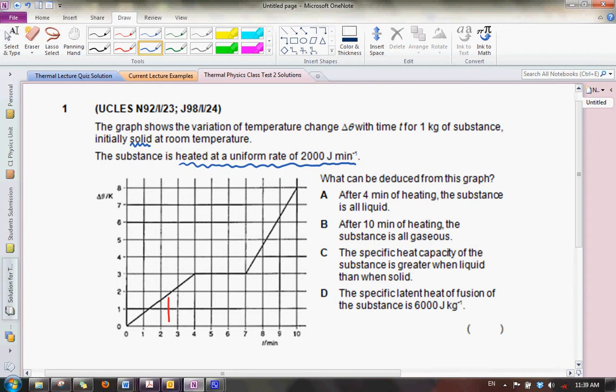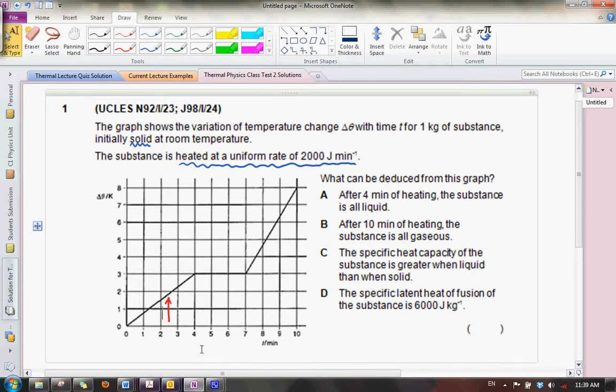Then you are given 4 statements and you are asked to choose what can be deduced from this graph. To understand this, it may make sense to try and understand this particular graph in the first place.